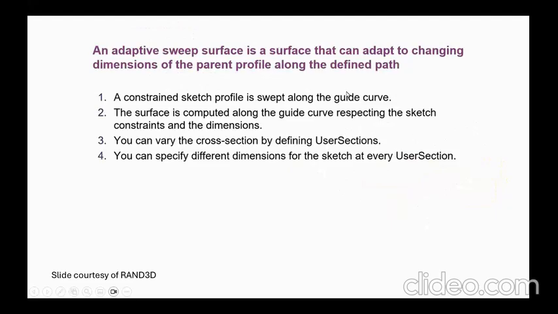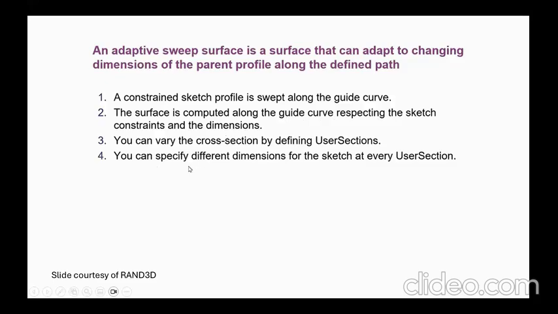Now, a couple of things: in order to do adaptive sweep, you must have a fully constrained sketch profile, and that causes some issues initially when you are not familiar with the whole icon. So we will consider that in a minute. And then the surface is computed along the guide curve, respecting these dimensions and constraints.